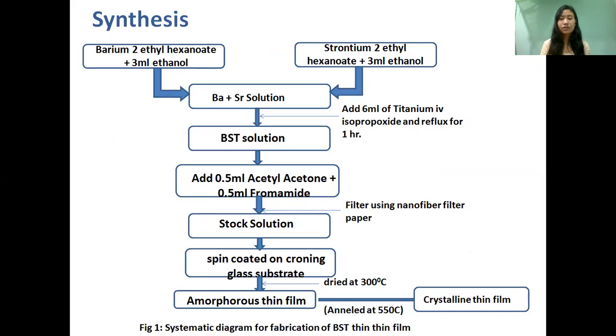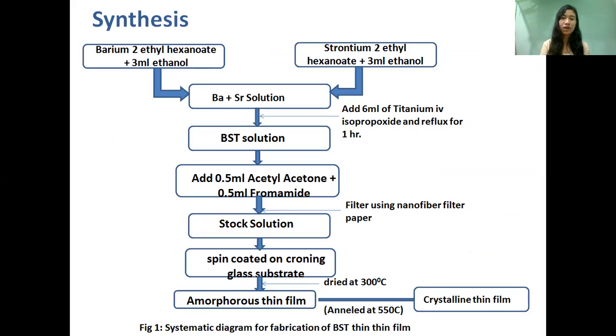Here is the schematic diagram for the fabrication of barium strontium titanate thin film. First, stoichiometric amounts of barium 2-ethylhexanoate and strontium 2-ethylhexanoate were taken separately in ethanol and dissolved in reflux conditions. Later, the solutions were mixed together to form barium and strontium solution.